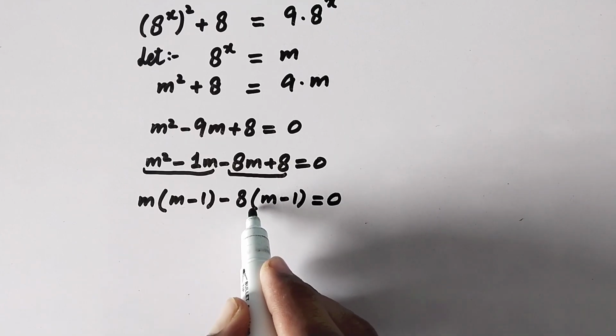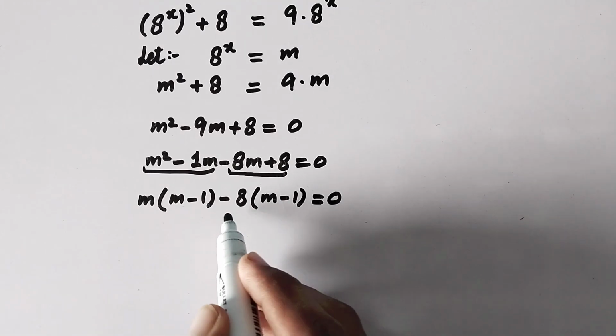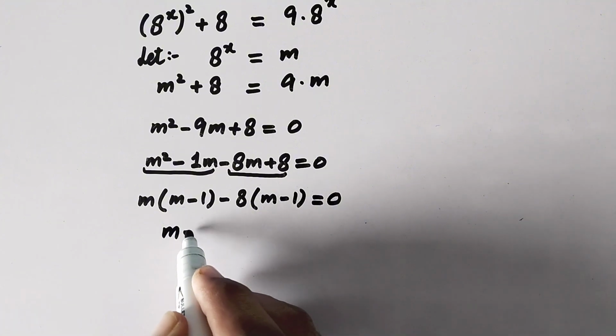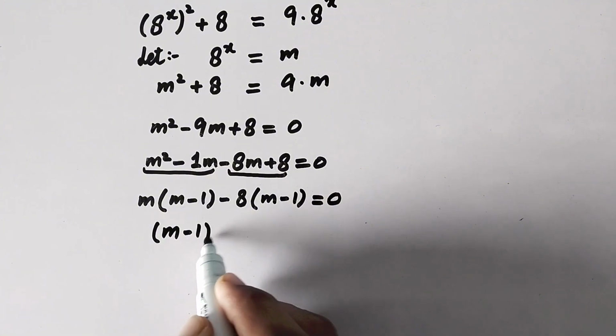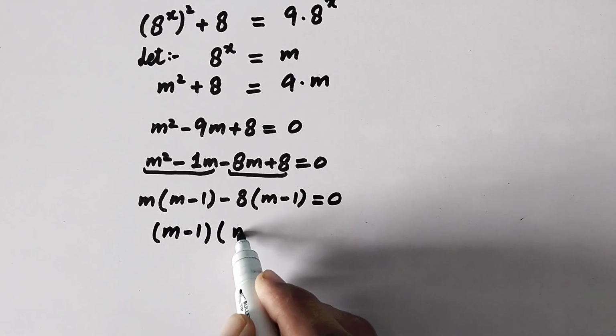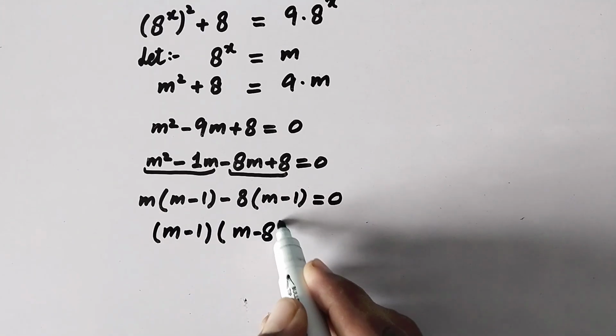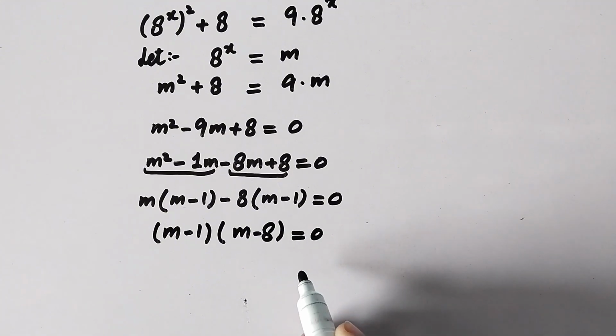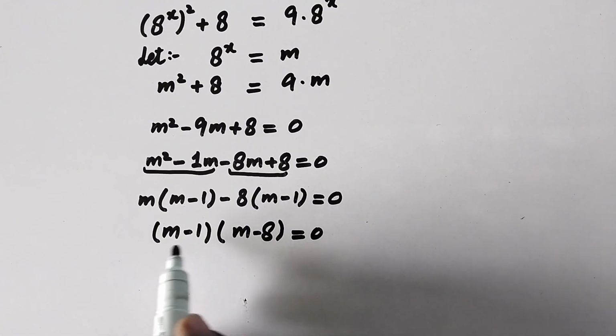Now we can see that this term and this term are the same, so we will write m minus 1 is common, and we are left with m minus 8 equal to 0.